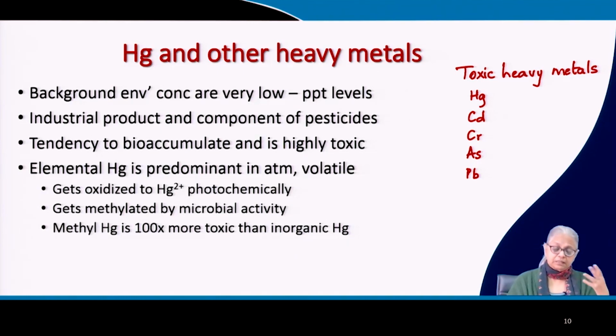In previous experiments that I myself was part of, we used mercury chloride as a biocide to prevent microbial activity, but now it's well known that certain microorganisms have the ability to convert Hg2+, which is HgCl2 in dissolved form, will give you Hg2+. Now this Hg2+ can be methylated and form organic methyl. So this methyl mercury is 100 times more toxic than the inorganic form. So whether it's elemental or Hg2+, they're not as toxic as the methylated form.